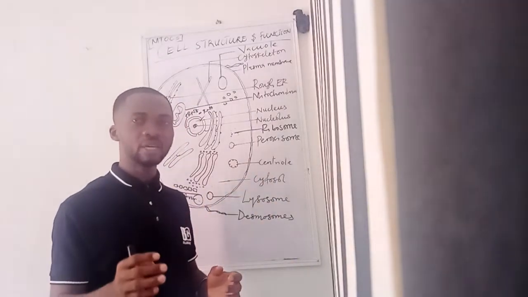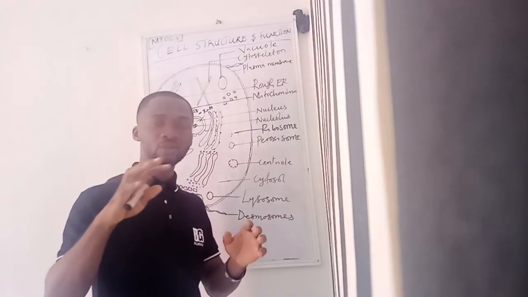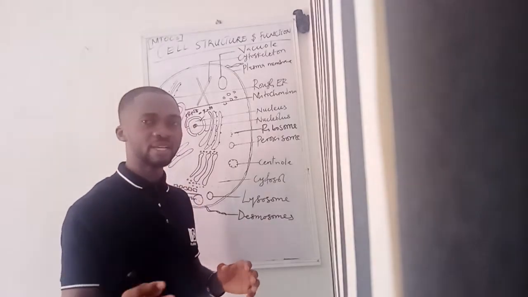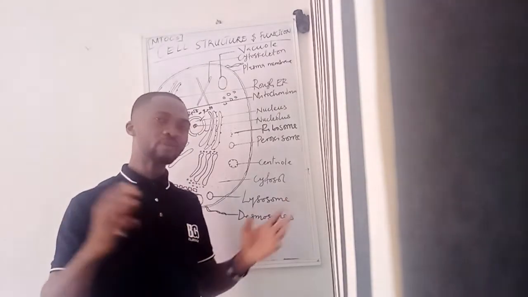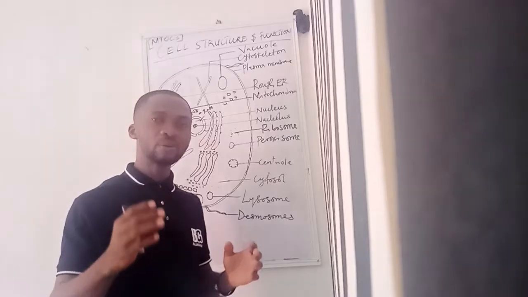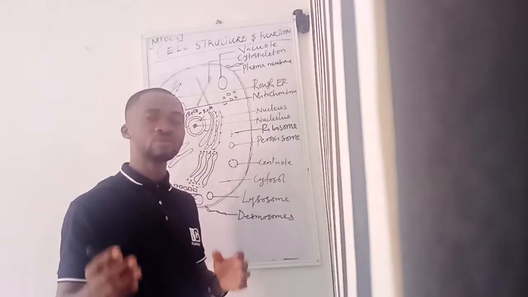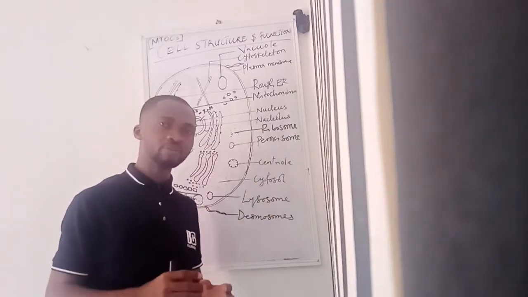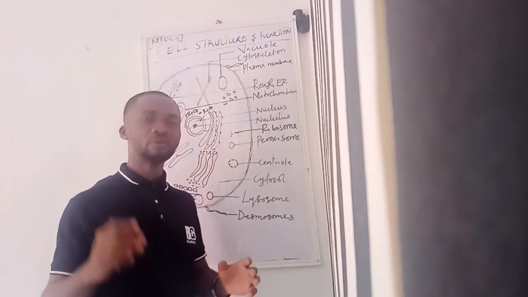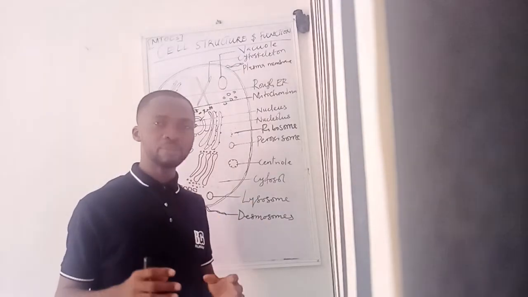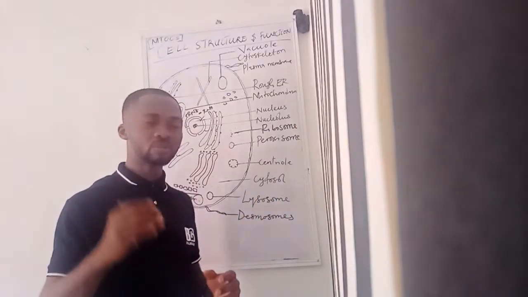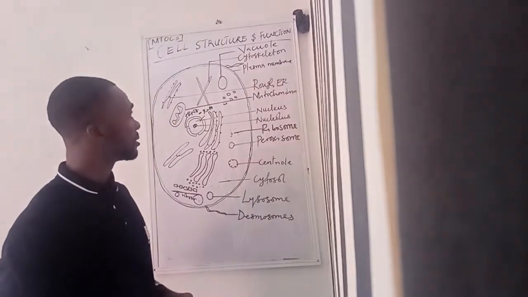But beyond that, it also controls what leaves and enters the cell. Some molecules are allowed to enter the cell, and some molecules are allowed to leave the cell. So it is a function of the plasma membrane to regulate what leaves and enters the cell.